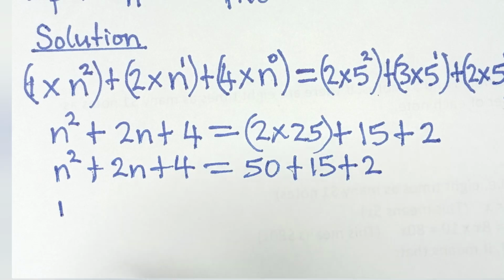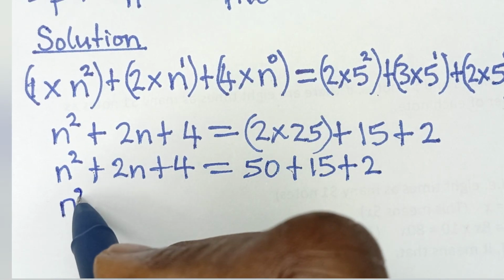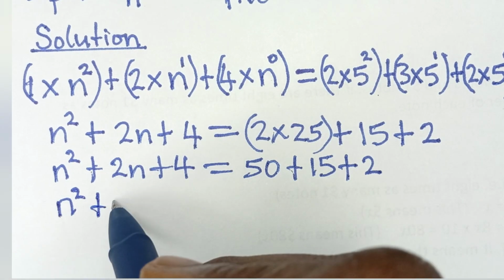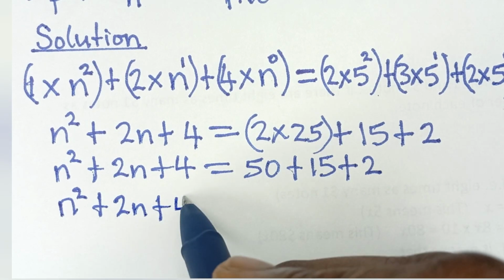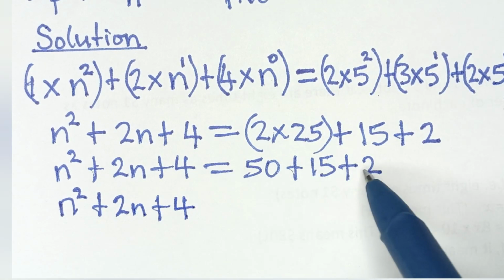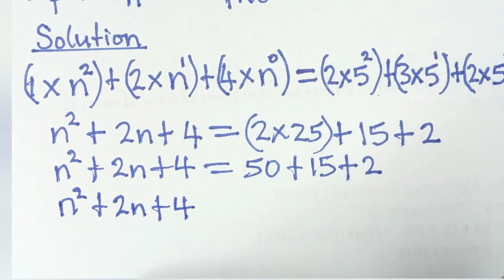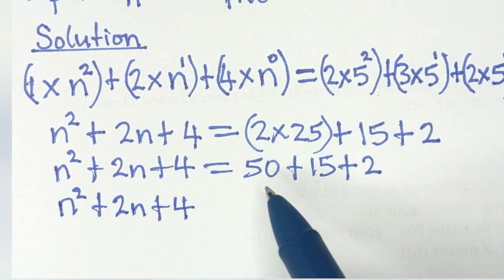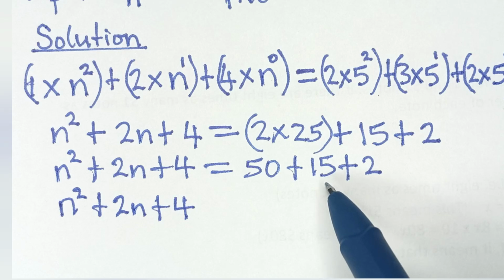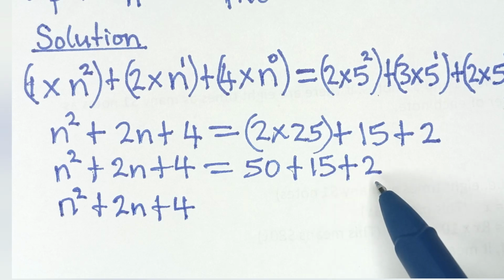Then now let's add what we have on the right hand side and bring it to the left hand side, because this is a quadratic equation, so we're going to equate it to 0. 50 plus 15 is 65. 65 plus 2 is 67.